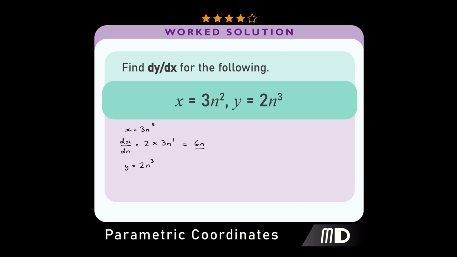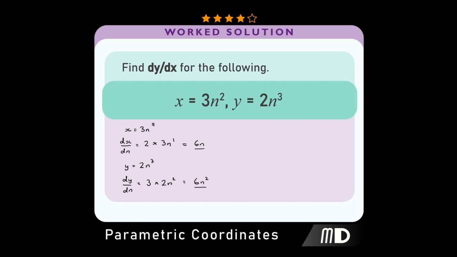Then reduce the power by 1. So dy by dn is equal to 3 multiplied by 2n squared, which simplifies to give us 6n squared.